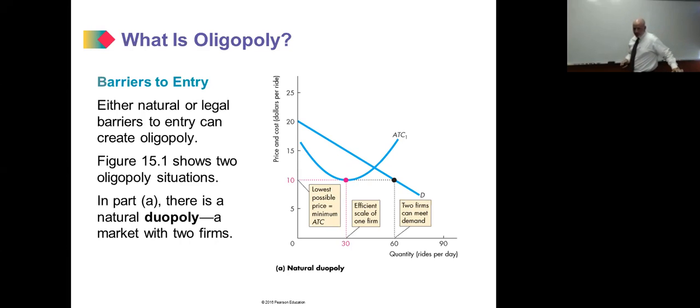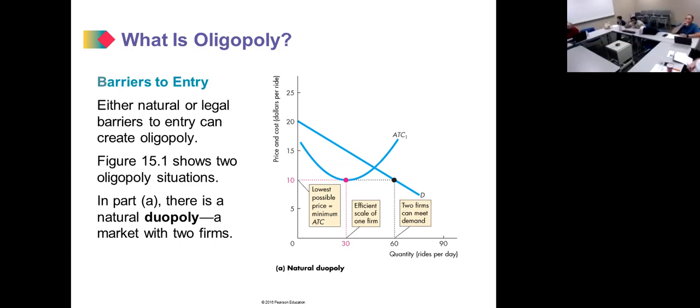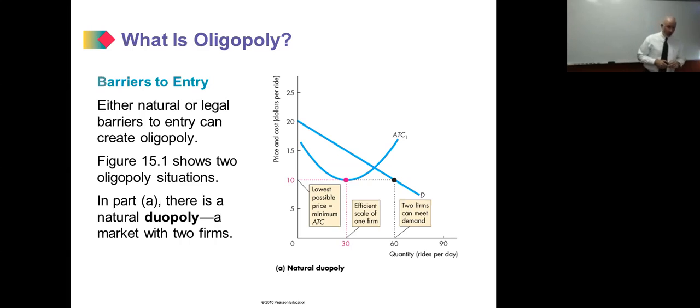Where is the demand though at $10? 60 rides per day. So we can see that two firms can meet the market demand. We call this a natural duopoly.